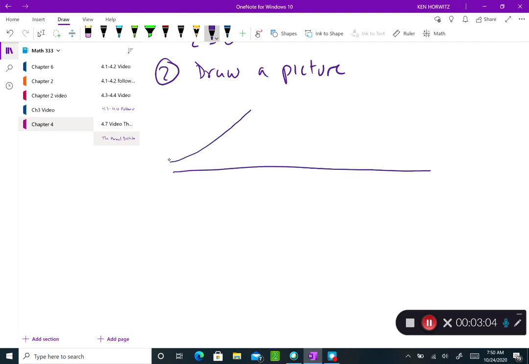I always believe it's better to put these things on paper than try to keep them in your head. So there's my middle, there's 0, and 0.07 is going to be a little bit to the right.